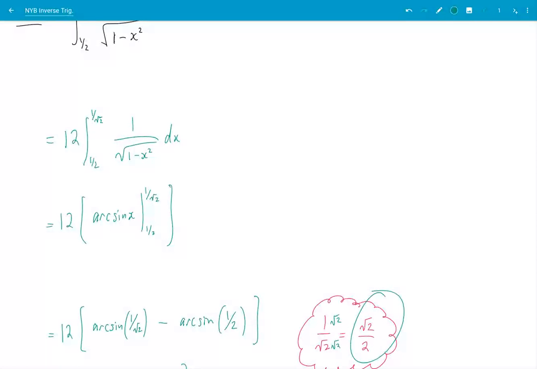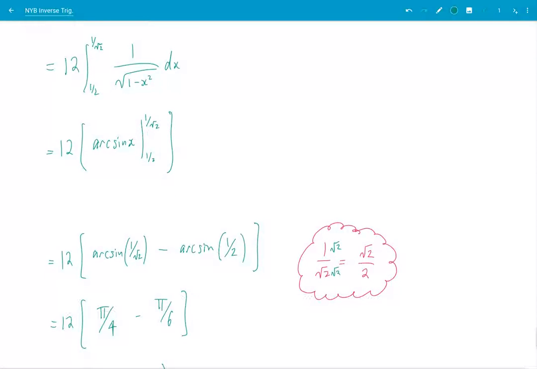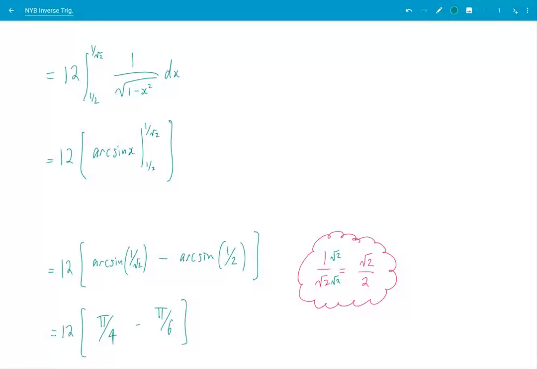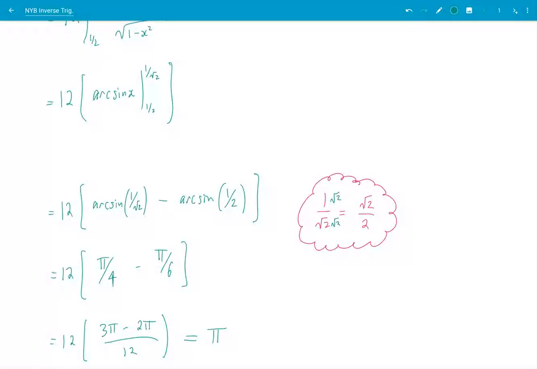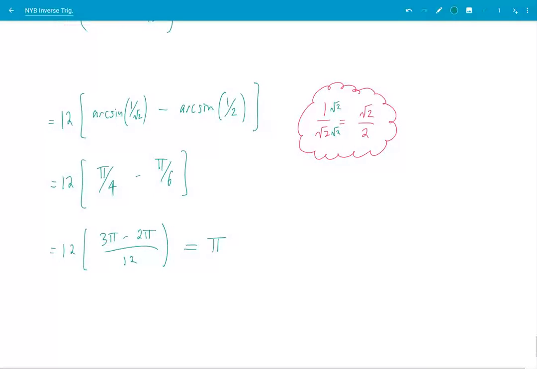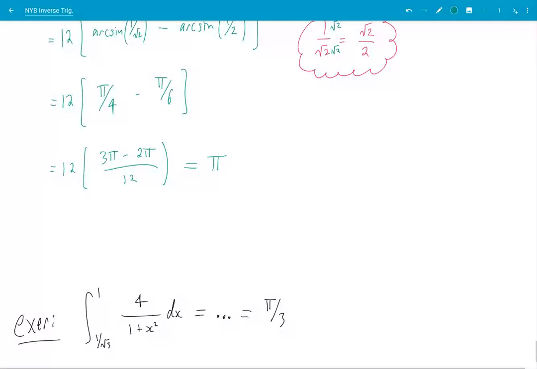This is something that you'll recognize from the unit circle. So I can find arcsine of that, pi over 4, and arcsine of a half is pi over 6. I work this out and get pi. So pause and copy, and we'll move on to an exercise for you to try.